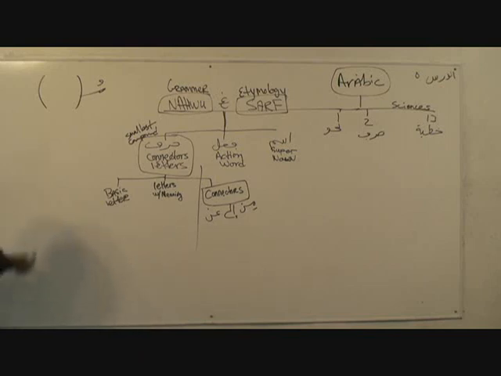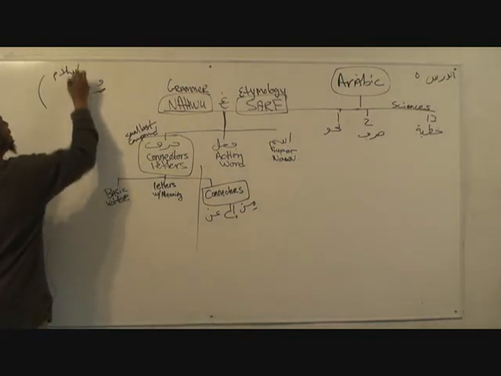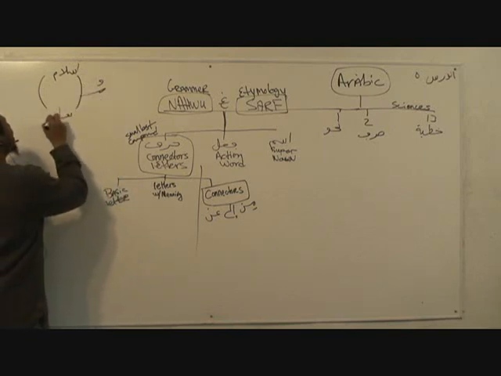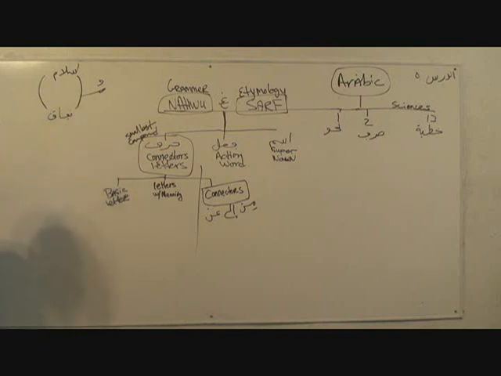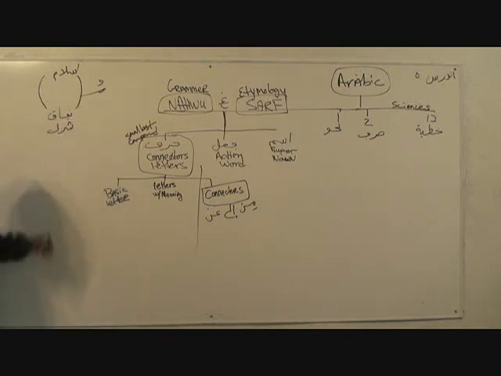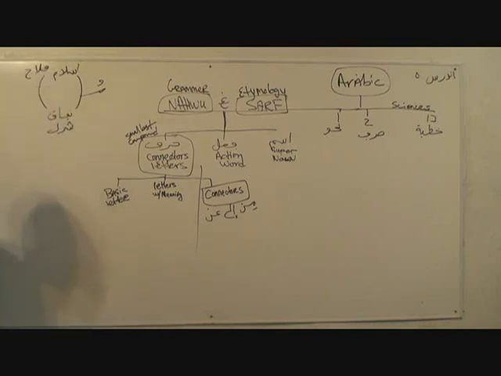So if you put Islam here, then it's a what? Muslim. If you put nifaq here, then it's what? Munafiq. If you put shirk here, what is it? Mushrik. If you put falah here, what is it? Muflihun.